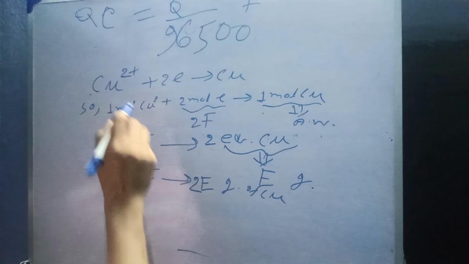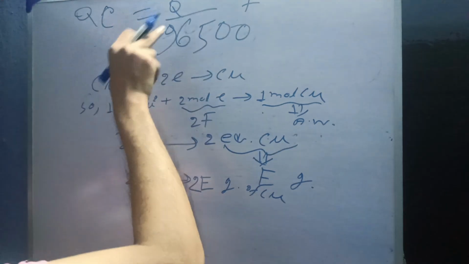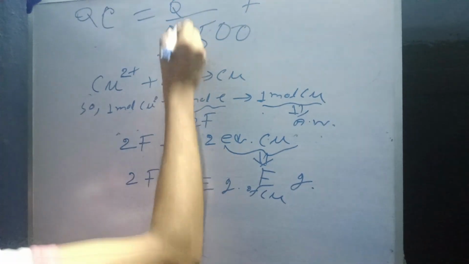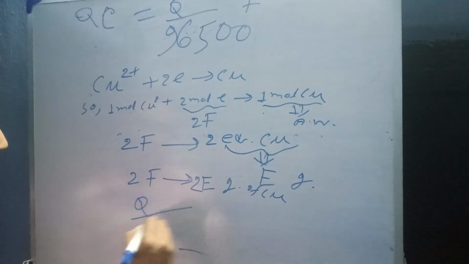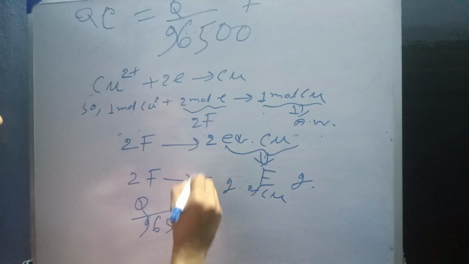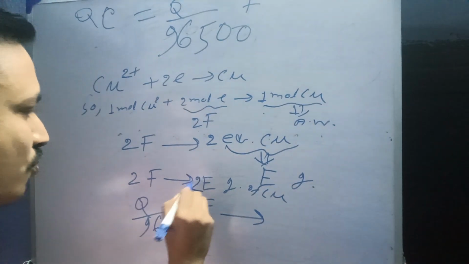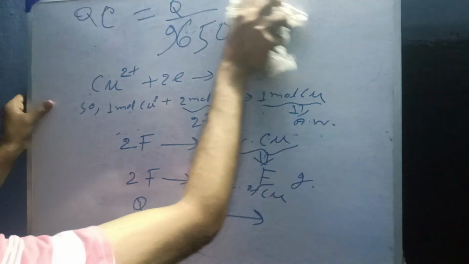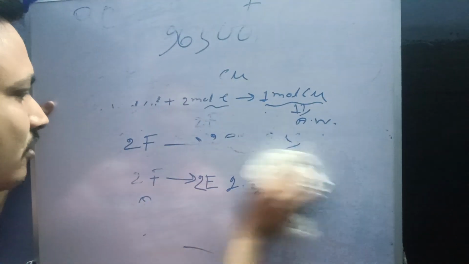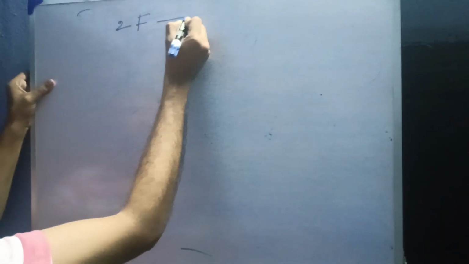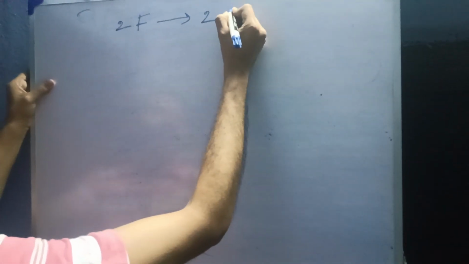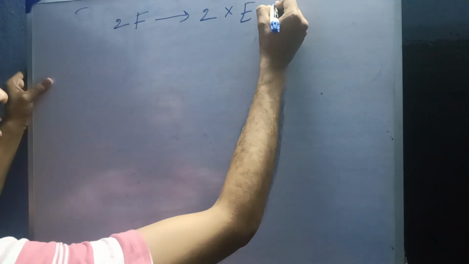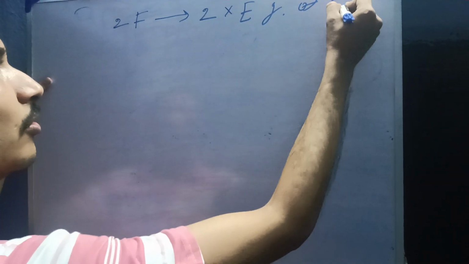So here 2 Faraday produces 2 into equivalent weight, that is E gram of copper.